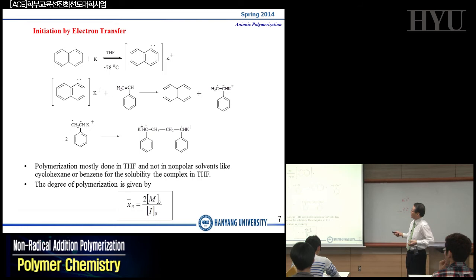When you have naphthalene and potassium, even at minus 78 degrees C, in the presence of THF, you will form a naphthalenide.